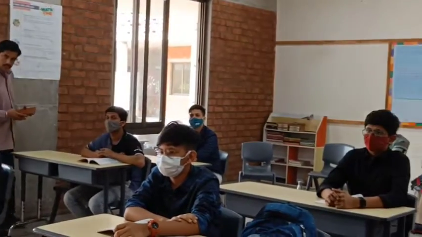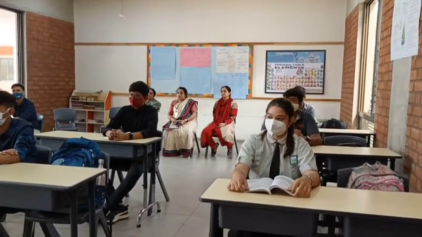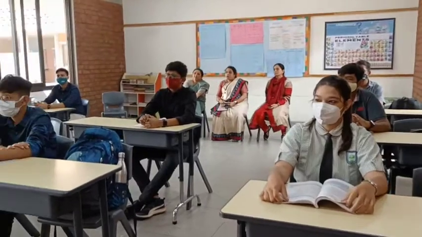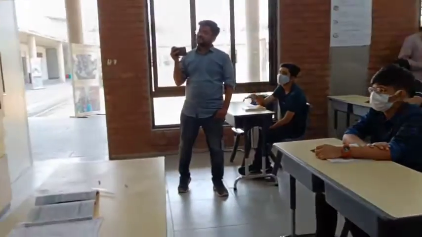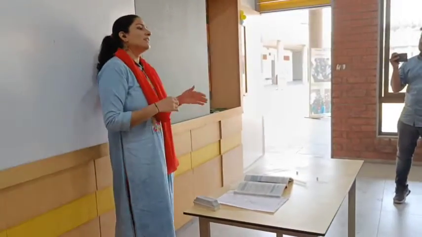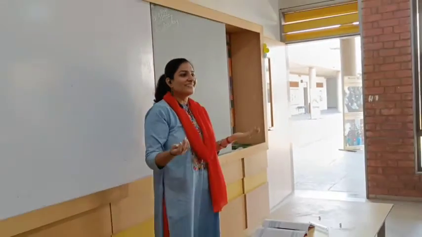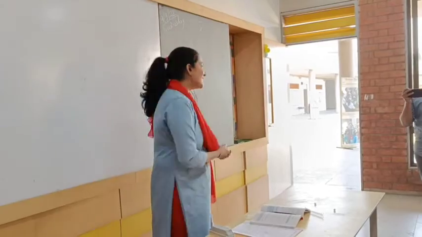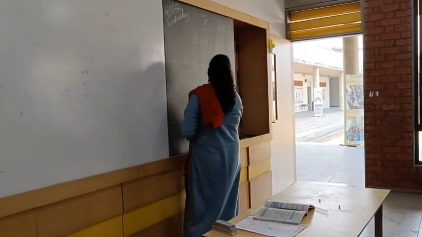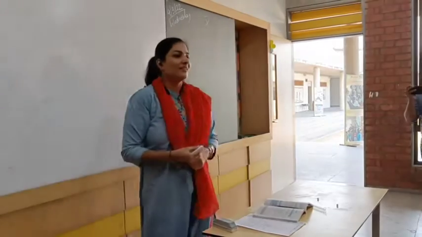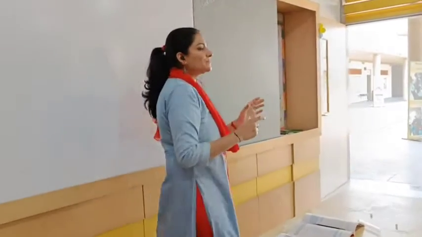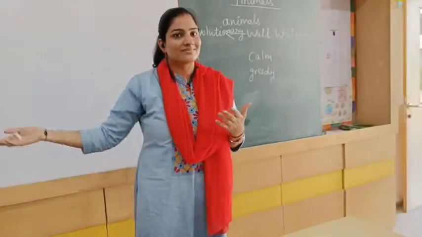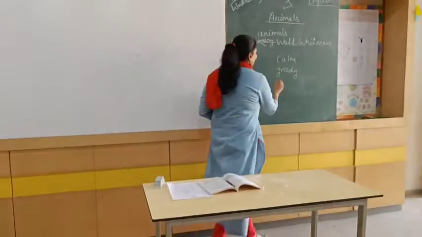Animals are calm, they are satisfied with what they have. Are humans the same? No. What are they like? They are greedy. Yes, humans are greedy. And does one human become happy after seeing another one is happier? Jealous. Yes, humans are jealous.